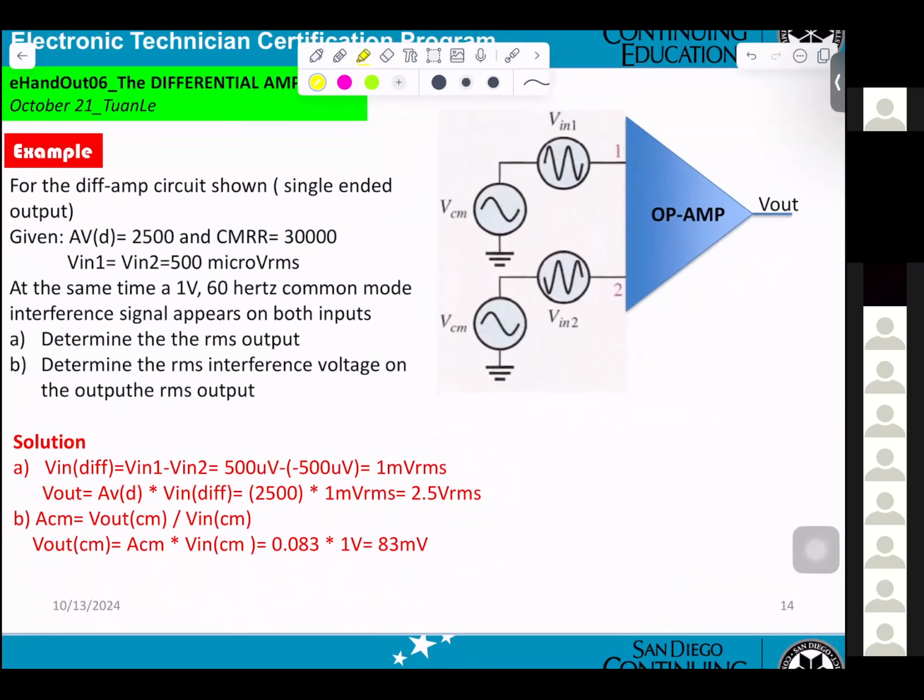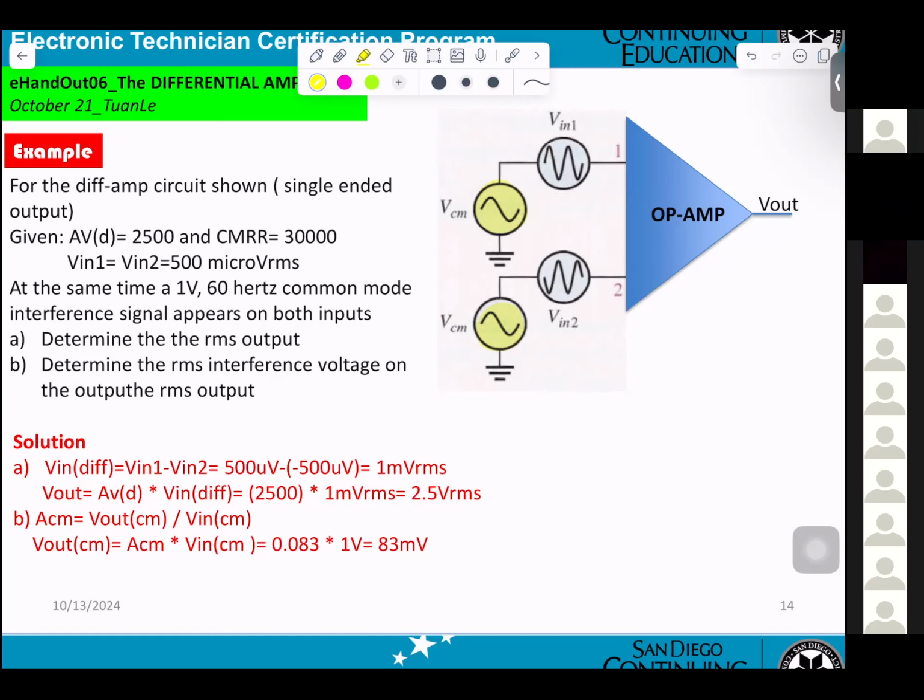Now, another example. This example is the same as the one we just did. That means the noise here is the same. However, now they apply both inputs, V in 1 and V in 2.